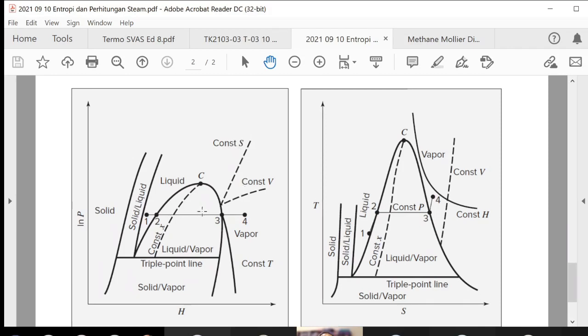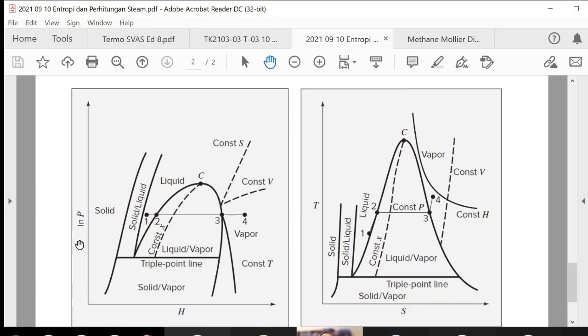If we have a comparison, the entropy of liquid is low. The entropy of solid is even lower. The entropy of solid at 0 Kelvin is defined as 0 entropy. If we have the entropy of vapor here, it is high. So entropy goes higher to the right hand side over here.